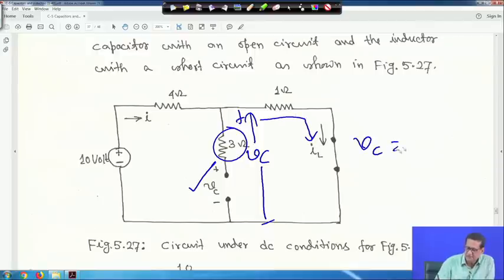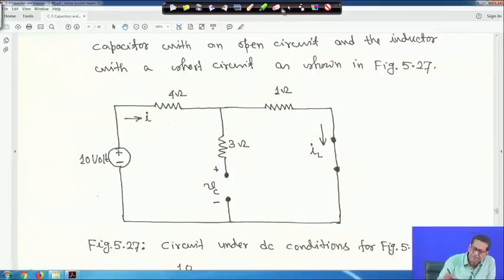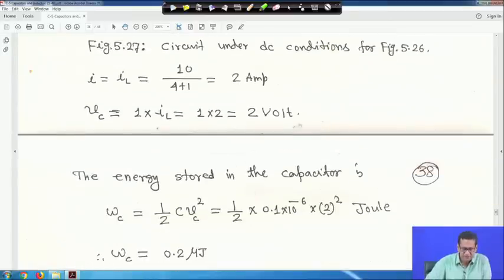So Vc is equal to 1 into IL, and IL is equal to 2 ampere, therefore Vc is equal to 2 volt.